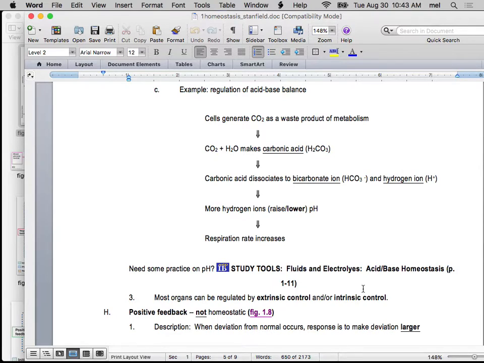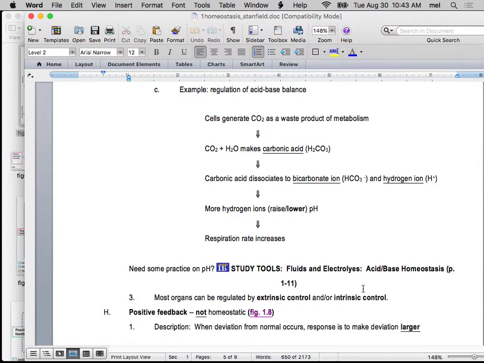And carbonic acid does what acids do, which is they lose a hydrogen ion, right? So they're going to lose a hydrogen ion and generate HCO3 minus, which is the bicarbonate ion.